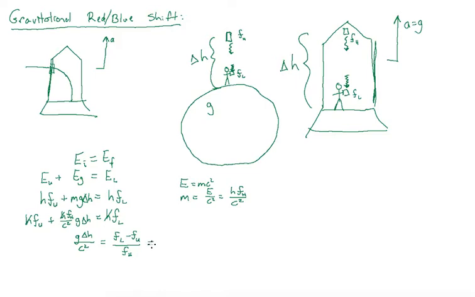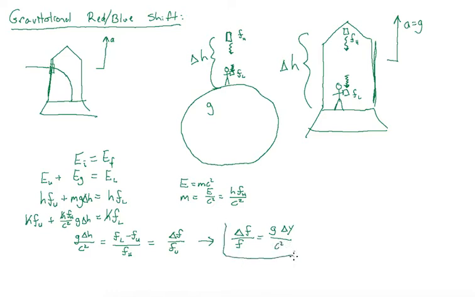So this is then just delta F over F up high, and the way this is given to you is actually this form here. I know it's a little different than what I wrote it, but the form you're going to get is delta F over F equals g delta y. Sorry, I should have made these all delta y's, but it's just the height over c squared. And this is the version you're going to have to be used to using.